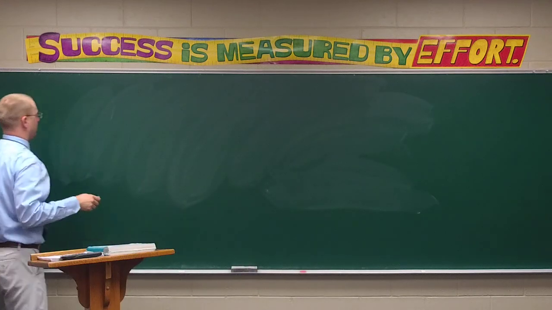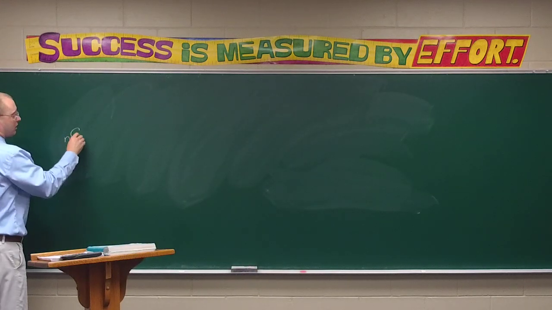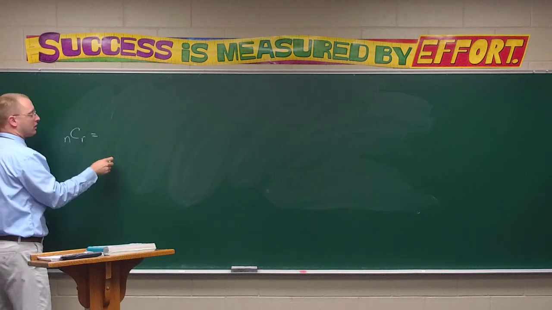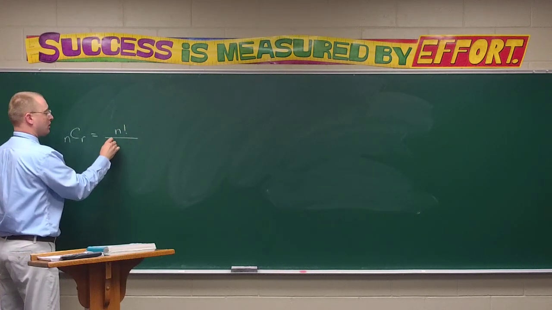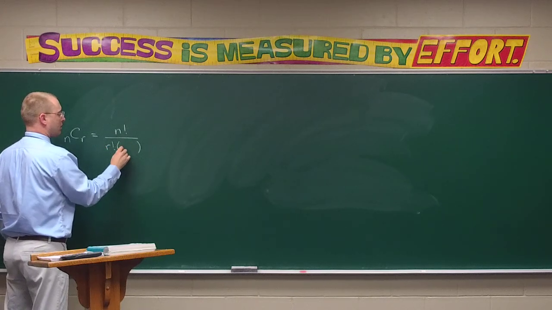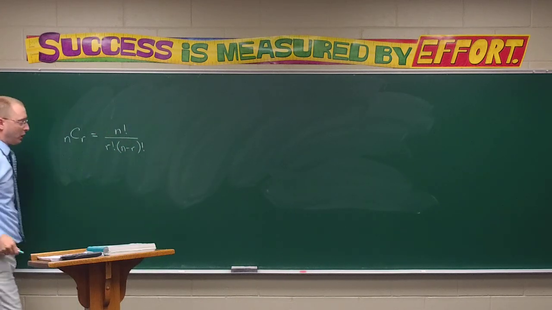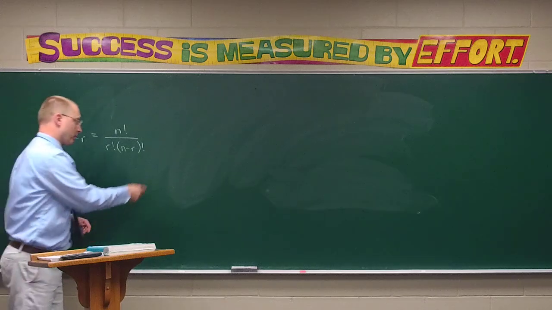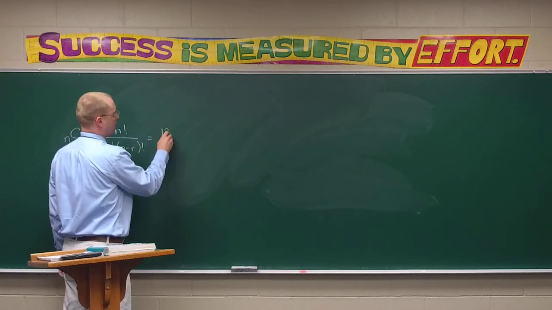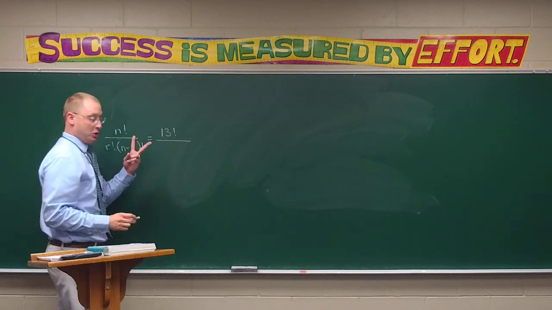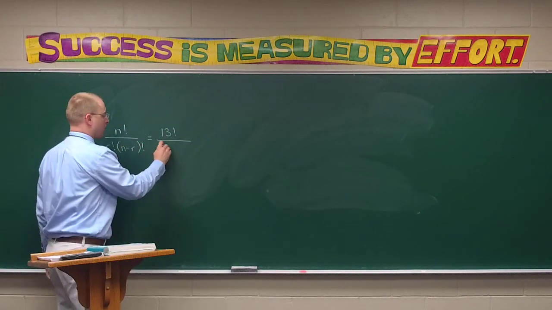Michael? nCr equals n factorial over r factorial times the quantity of n minus r factorial. There we go, perfect. And so for this in the numerator, we're going to put 13 factorial. And in the denominator, we're going to put 2 different factorials. 5 factorial times 7 factorial.